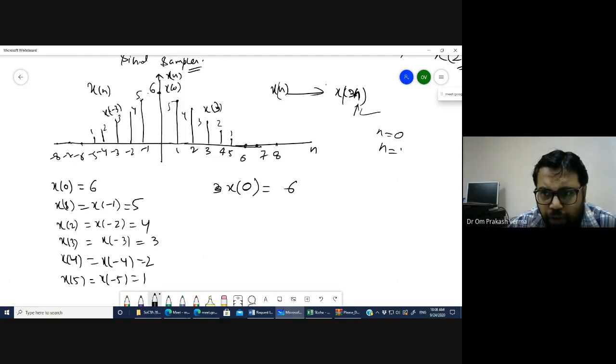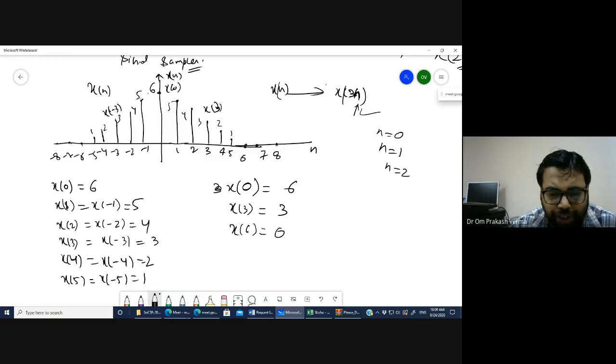When you take n equal to 1, then when you multiply, the value becomes x3, and x3 is 3. What is the value when n equal to 2? Then 3 into 2 becomes 6, so x6, and x6 is nothing but 0.